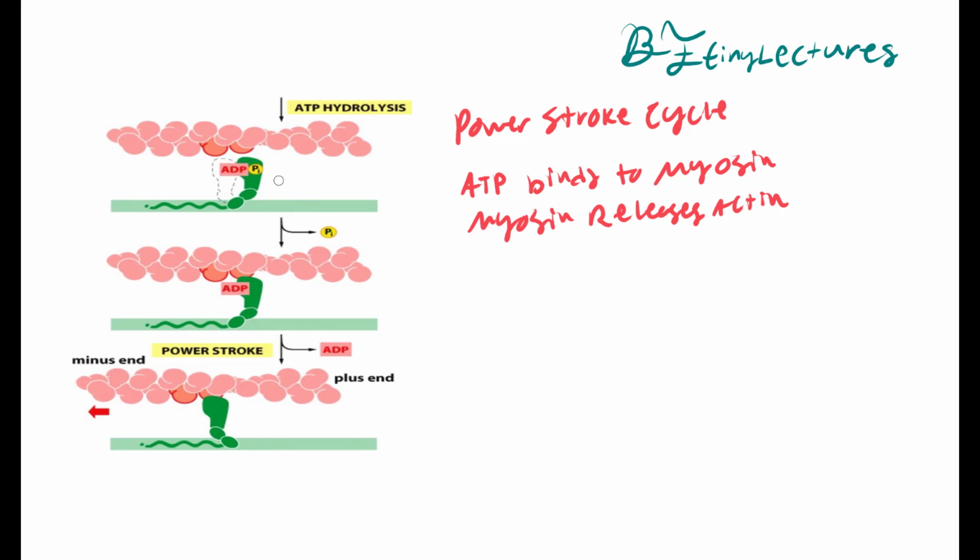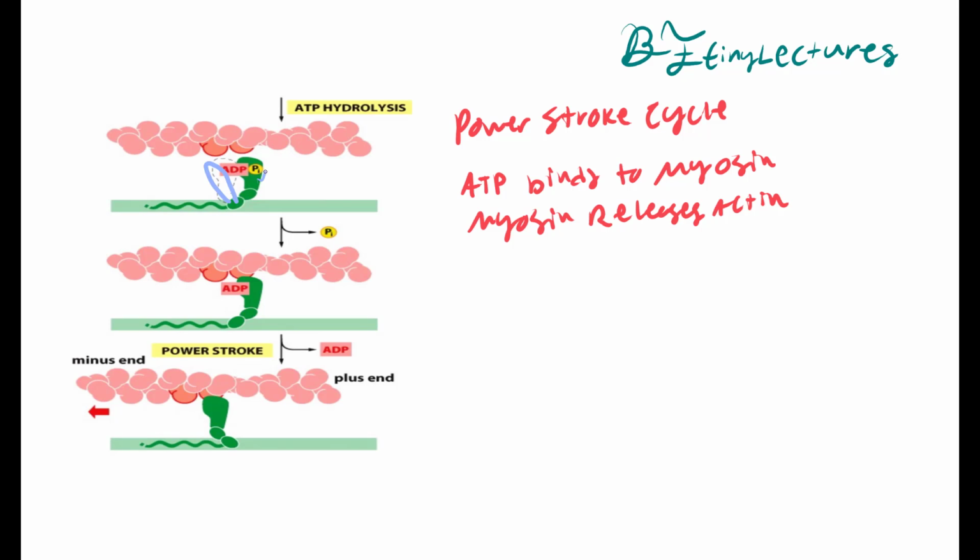Now, this ATP molecule right here will actually be hydrolyzed. And when it is hydrolyzed, it will shift the myosin head into a new conformation. Previously, the myosin head was in this conformation and it had the ATP. But when the ATP hydrolyzes, it releases energy, and that energy is going to be used to shift the myosin head forward.